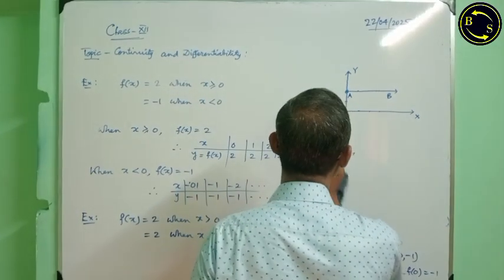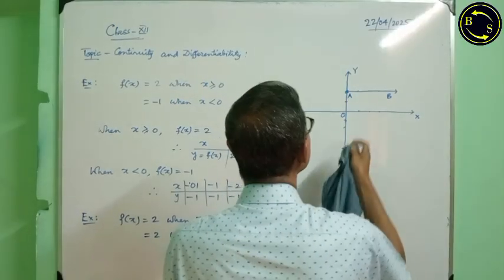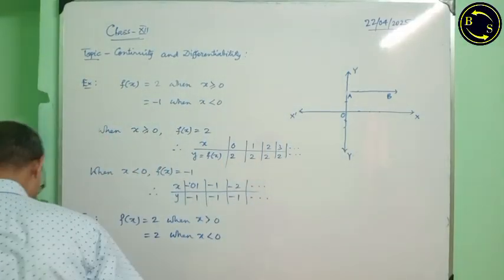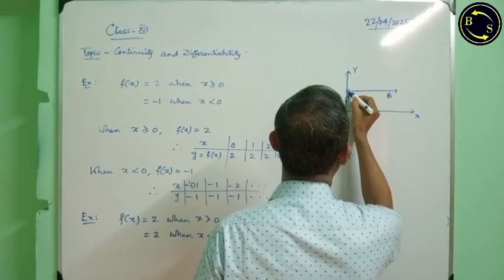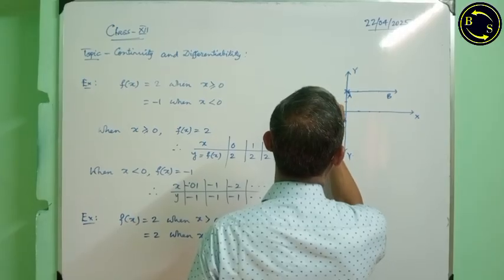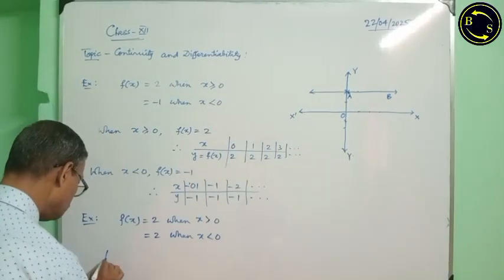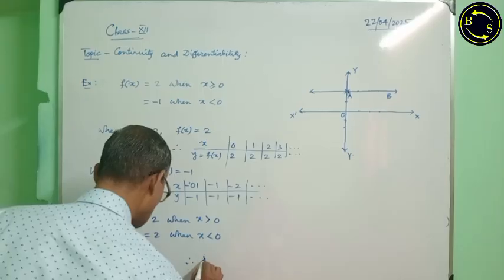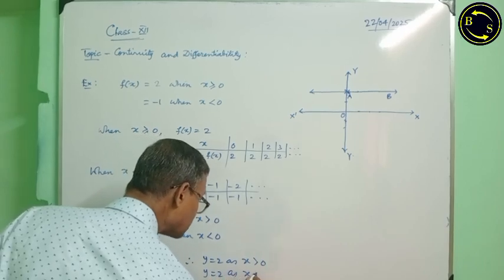Now if I draw the graph of y equal to f(x), therefore y equal to 2 as x positive, y equal to 2 as x negative.